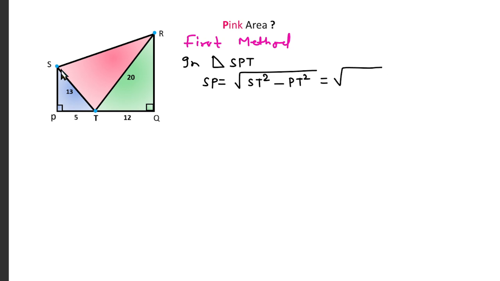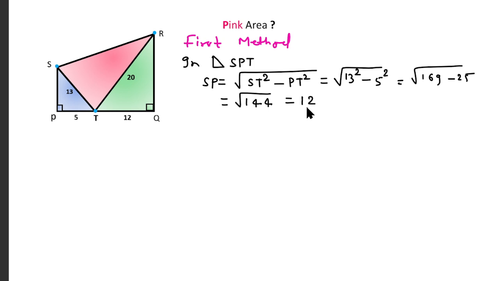ST is given 13, so 13 square. PT is given 5, so 5 square. 13 square is 169 and 5 square is 25. 169 minus 25 is 144. Under root 144 is 12. So SP length is 12.